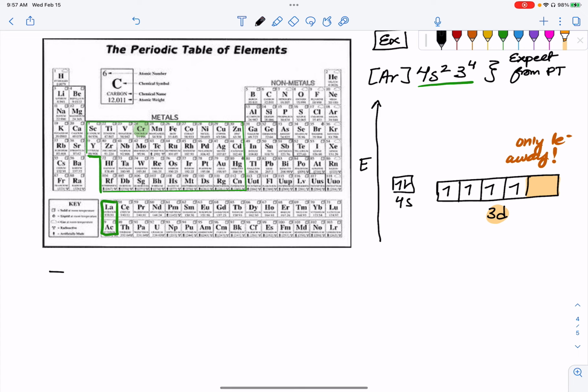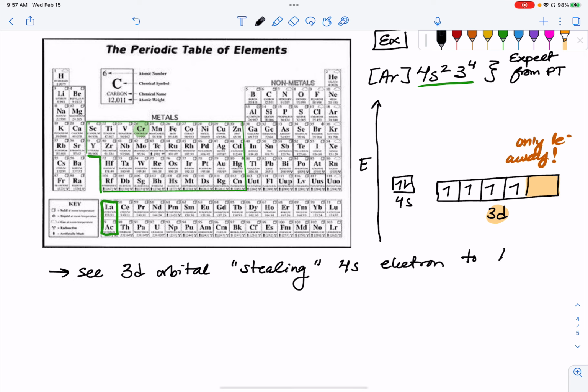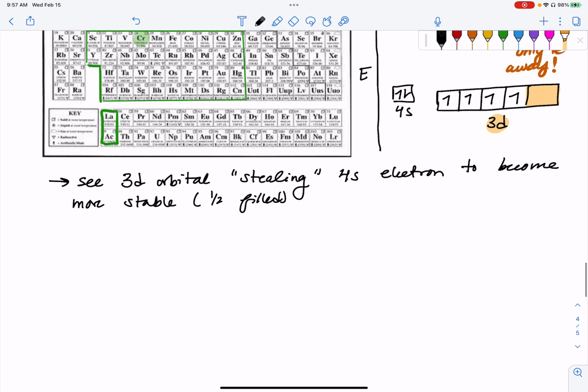So instead of what we expect, what we see is the 3d orbital stealing a 4s electron to become more stable. In other words, half filled.